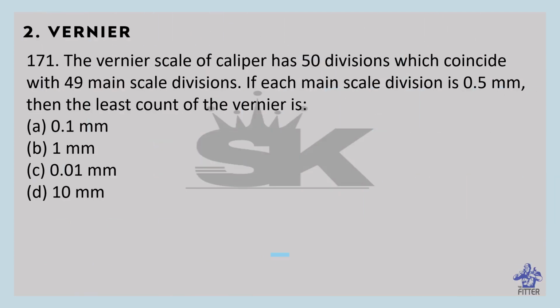The vernier scale of caliper has 50 divisions, which coincides with 49 main scale divisions. If each main scale division is 0.5 mm, then the least count of the vernier is? So here he is asking about least count, that is equals to main scale division minus vernier scale division, MSD minus VSD.